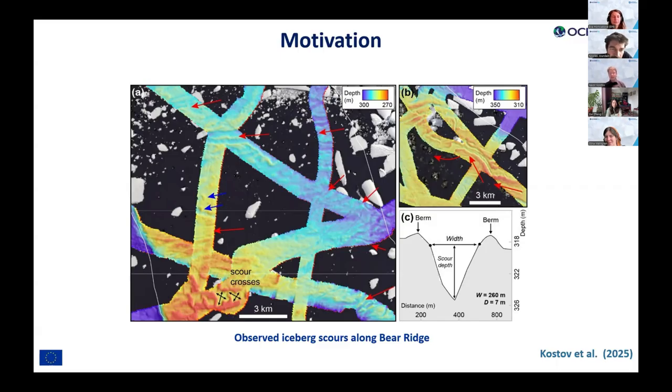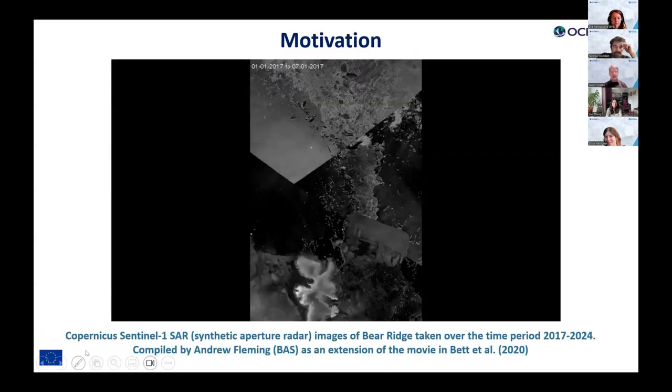Thanks to this wonderful data, we know that typically in the Amundsen Sea on Bear Ridge, iceberg scours are about 8 meters deep on average, and around 90 to 100 meters wide as an average width.